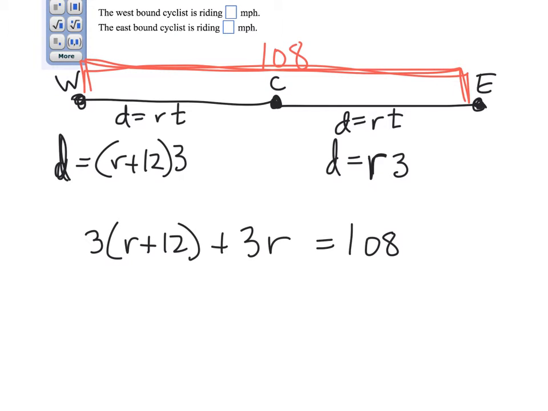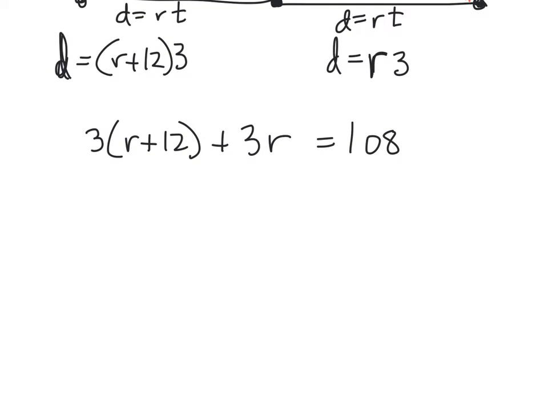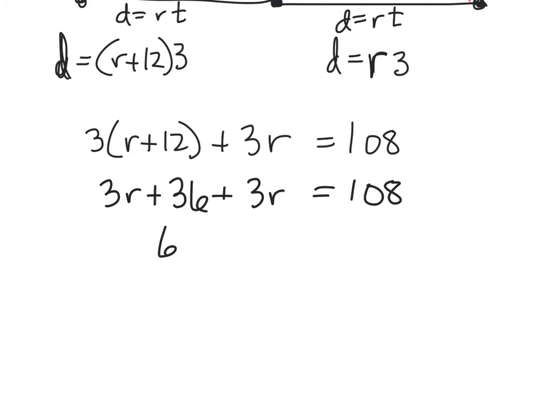So now we're going to do a little bit of algebra. Got some distributive properties. So you've got 3r plus 36 plus 3r equals 108. And then we can combine like terms. So we get 6r plus 36 is equal to 108 because 3r plus 3r is 6r.